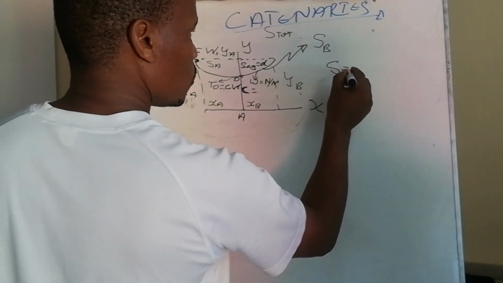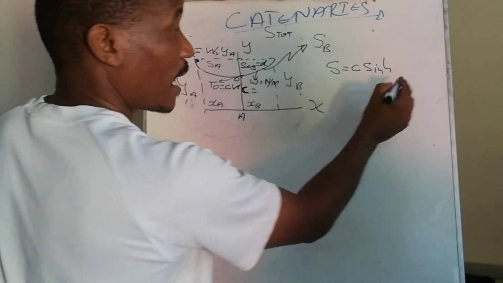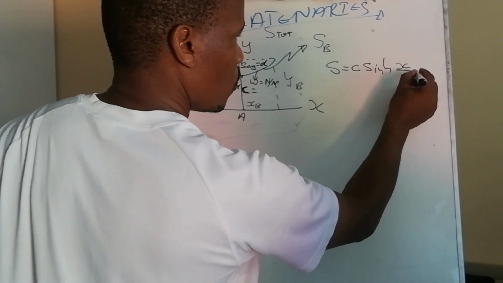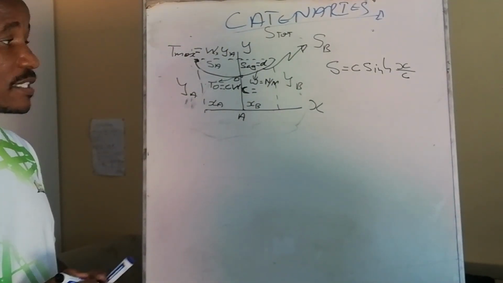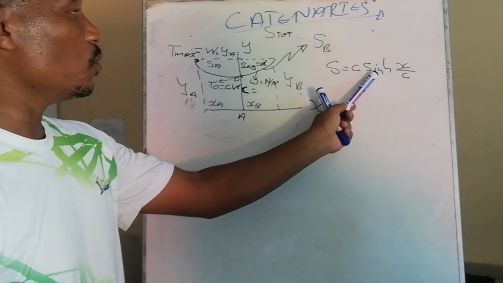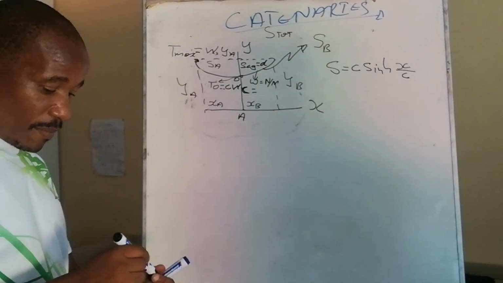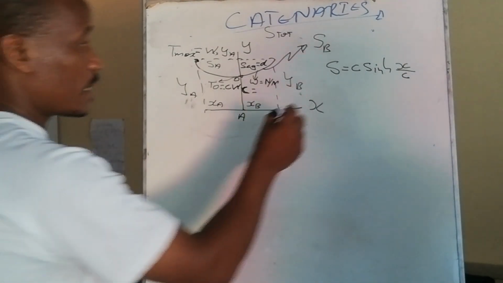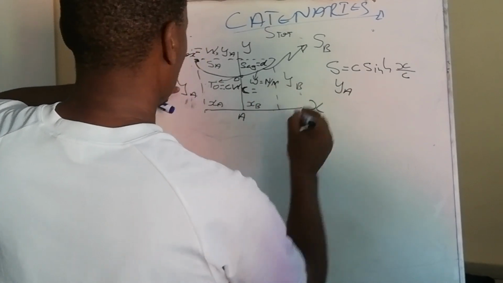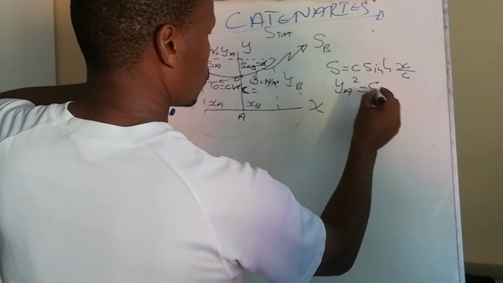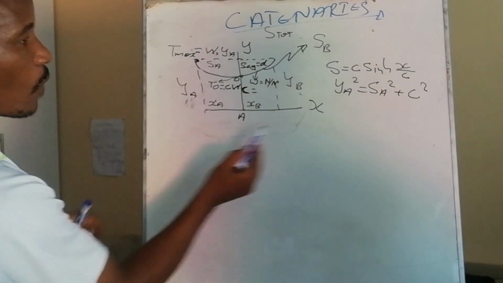Also, S is equal to C sinh of X over C. This is another formula you can use to calculate the length of the chain. And then you remember, guys, you did your mathematics. Pythagoras is also there. This YA squared is equal to SA squared plus C squared.